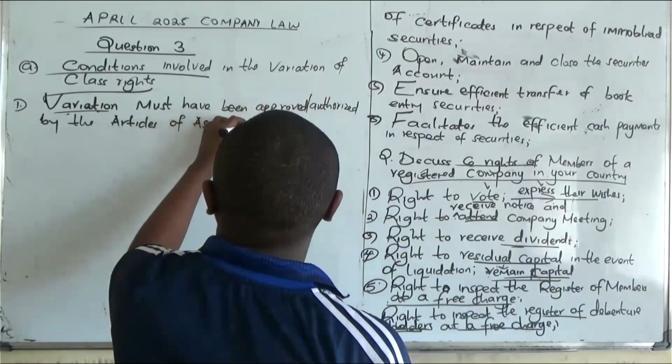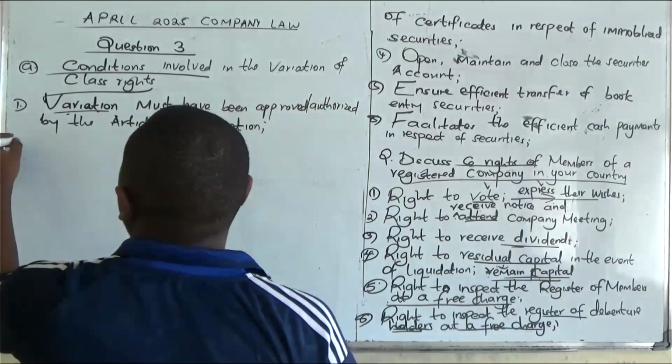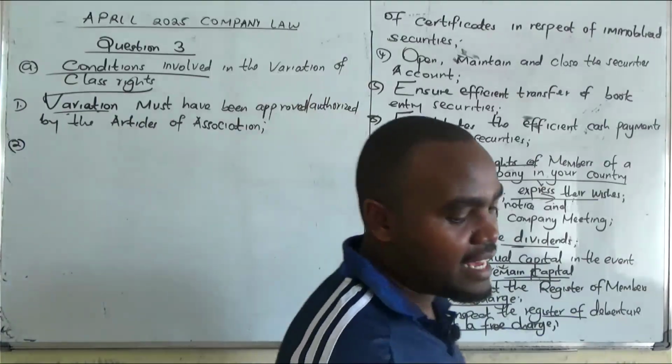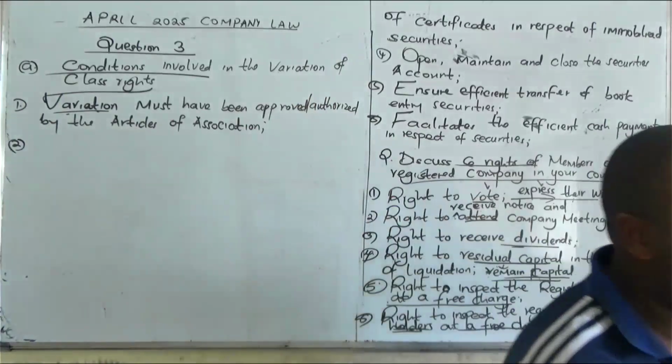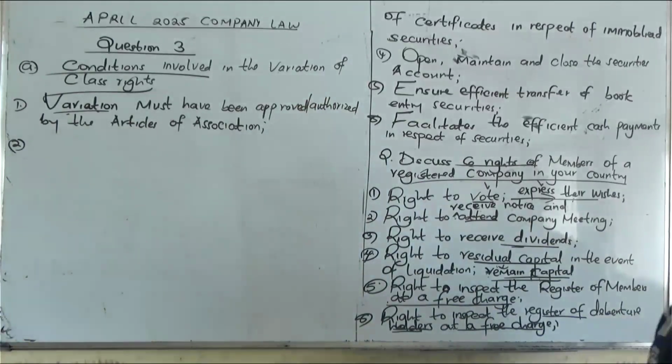And then you say that the alteration to this class of preference shareholders, in your paraphrasing, the alteration of this right of the preference shareholders must have been authorized by the Articles of Association. Another one. The company must hold a class meeting.